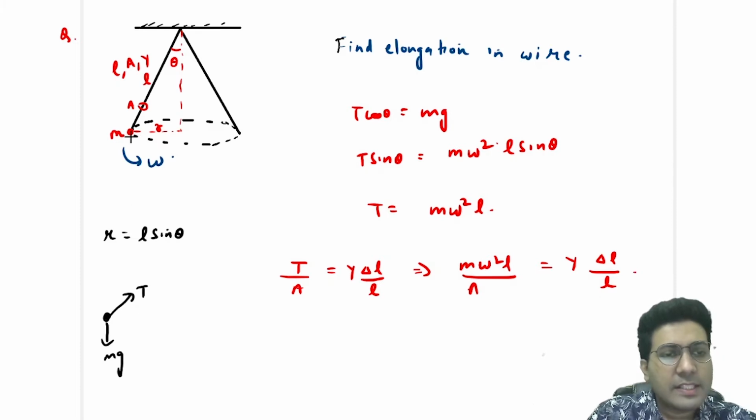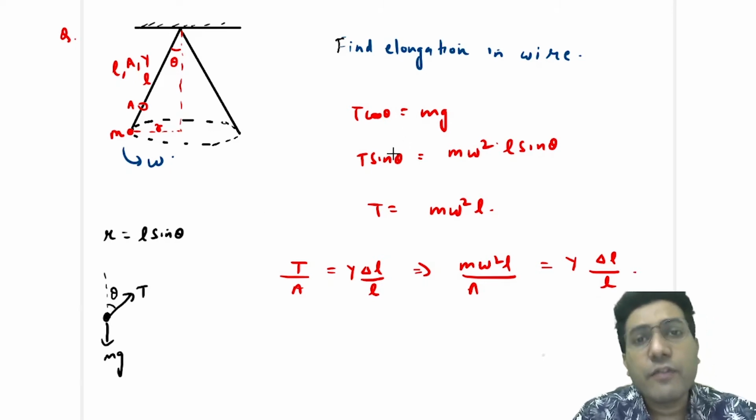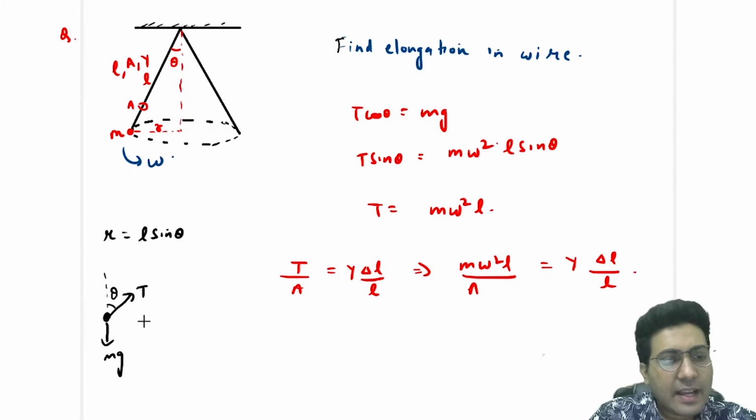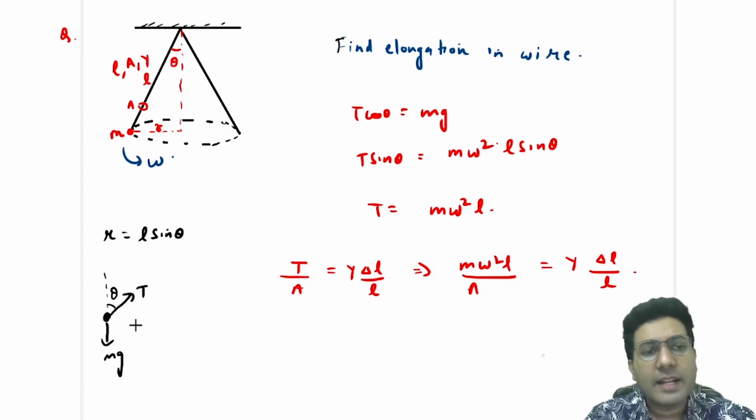Now because this is performing a horizontal circle, the vertical force has to balance. Now this angle is theta, so you will say T cos theta is equal to mg, and T sin theta is providing the centripetal force. Now T sin theta will be equal to m omega square r, where r can be written as L sin theta.